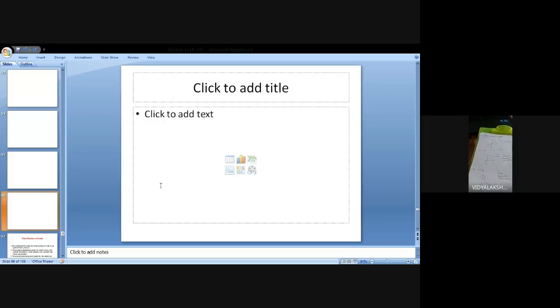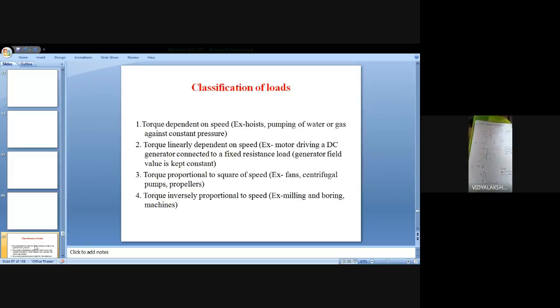Any doubt in it? Any doubt? No? The PPT is visible.